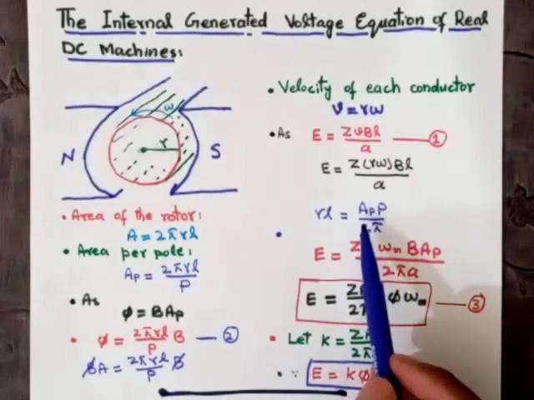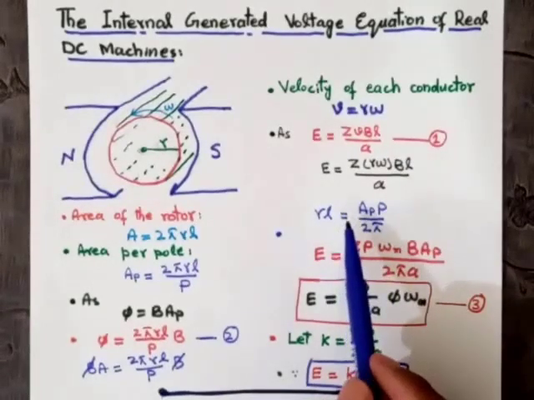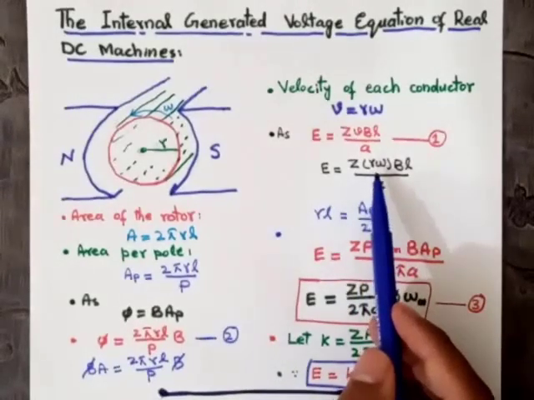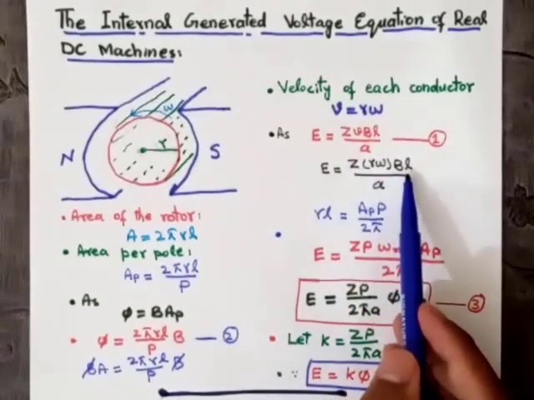Putting the value of RL from this equation into the earlier equation, as you can see, R and L both exist there.